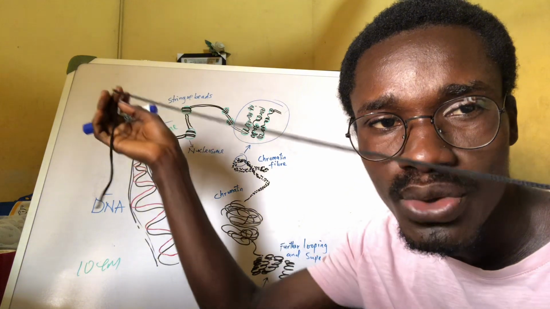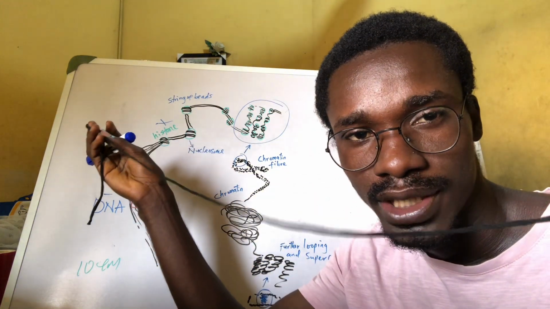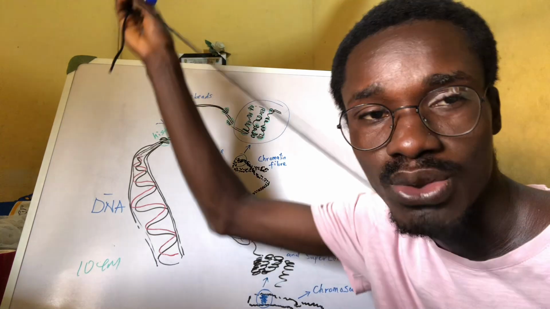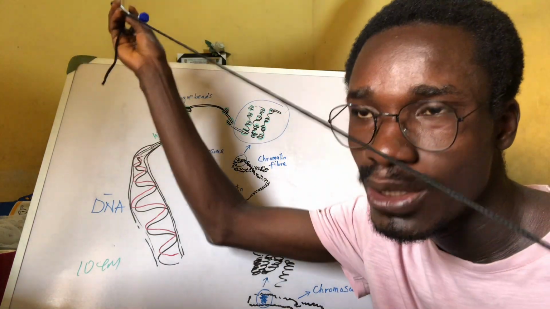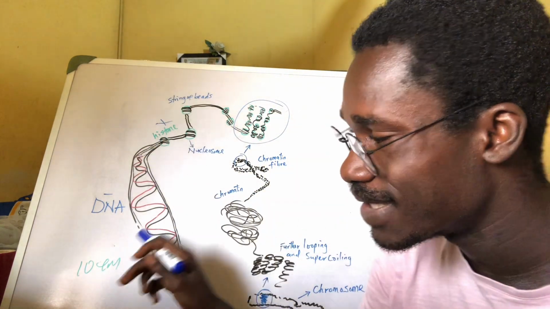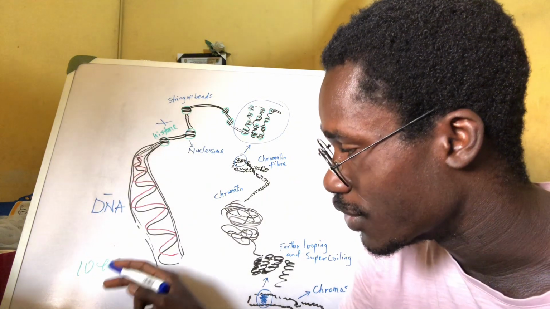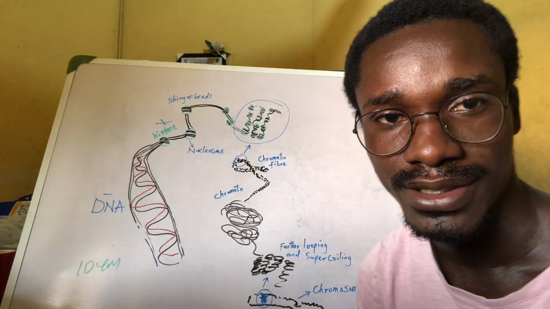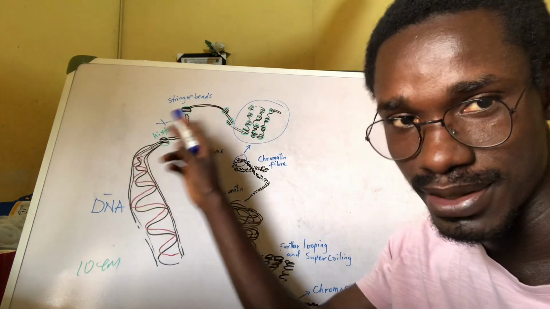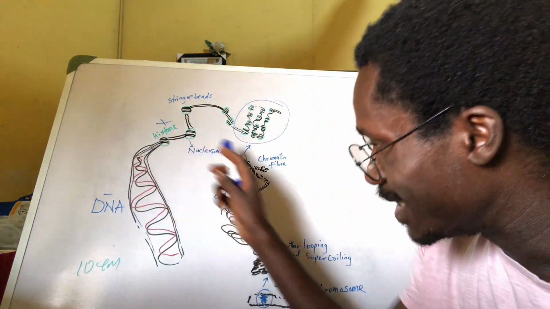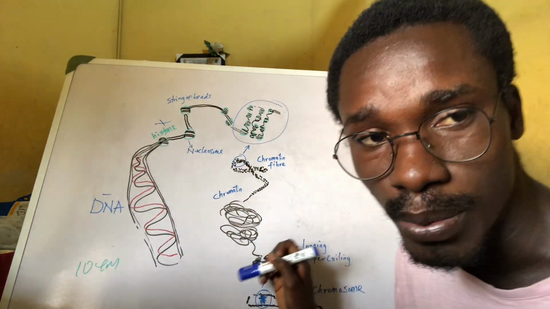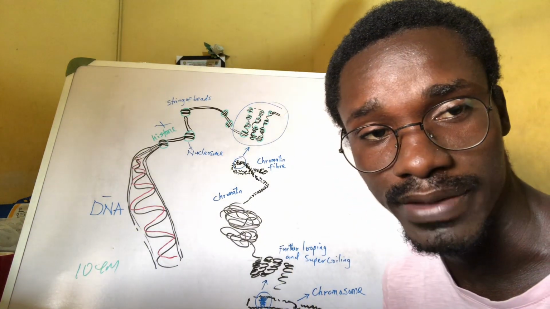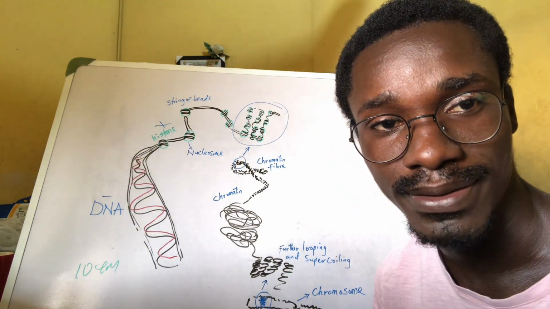How can a 2 meters long molecule, if we stretched out all of the DNA inside of the human cell, it is about 2 meters. So how can a 2 meters long molecule fit inside of this tiny cell, this nucleus of about 10 micrometers in diameter size? So it is only possible through this process of DNA condensing into the chromosome format. So remember that humans, we have about 46 of these chromosomes inside of our cell.